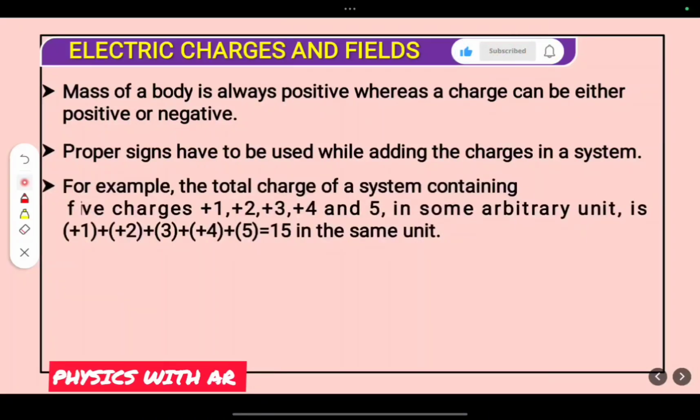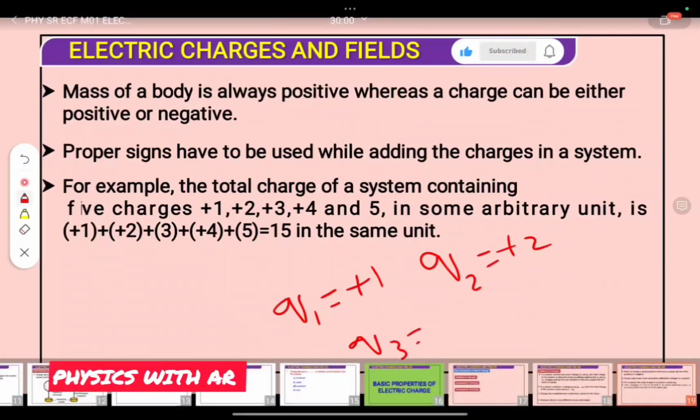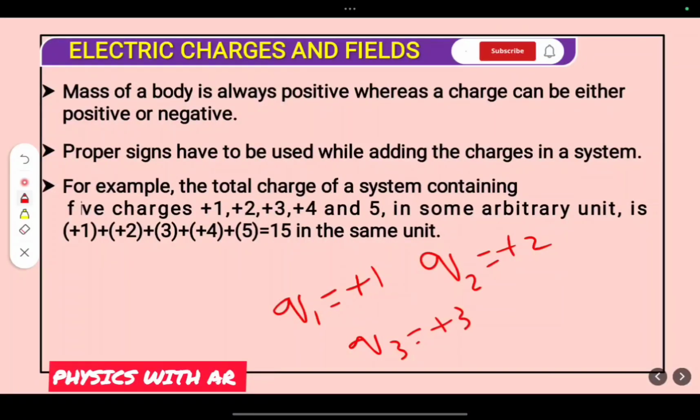For that, let us take an example. Here five charges are given: +1, +2, +3, +4 and -5 in some arbitrary units. So q1 equals +1 coulomb, q2 equals +2 coulomb, q3 equals +3 coulomb, q4 equals +4 coulomb, and finally q5 equals -5 coulomb.